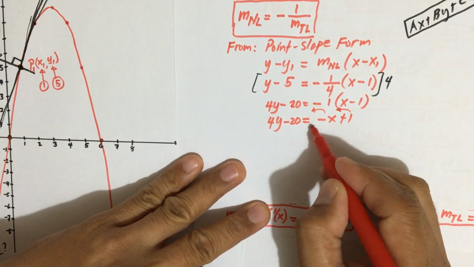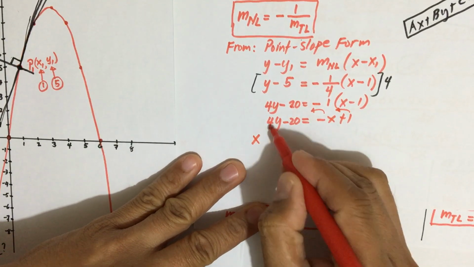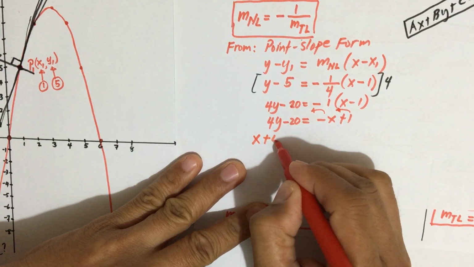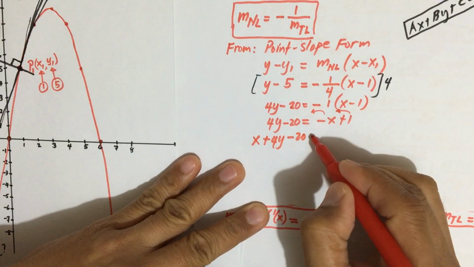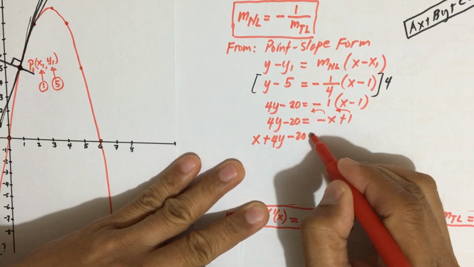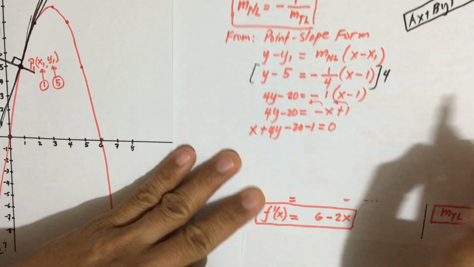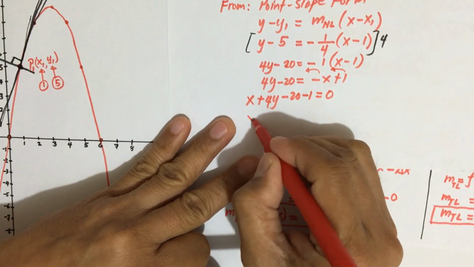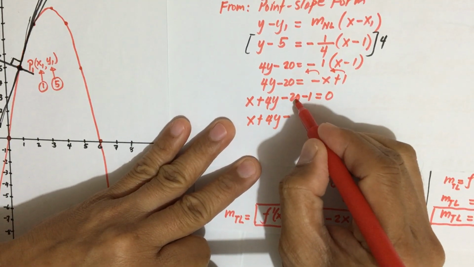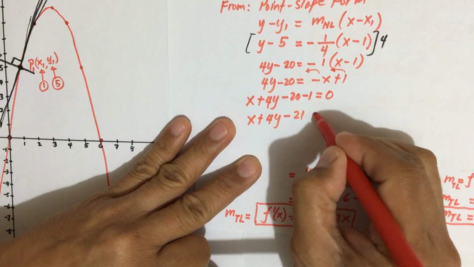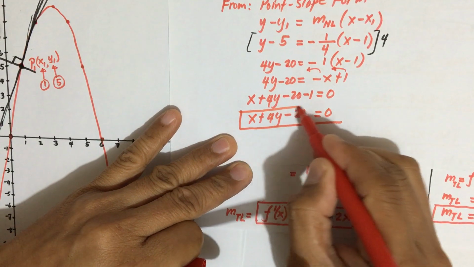When negative x is transposed to the other side, this becomes positive, followed by plus 4y, then minus 20, then minus 1 equal to 0. You transpose this, that becomes negative. Then combining, x plus 4y minus 20 minus 1, so minus 21 equal to 0. So this is the equation of our normal line.